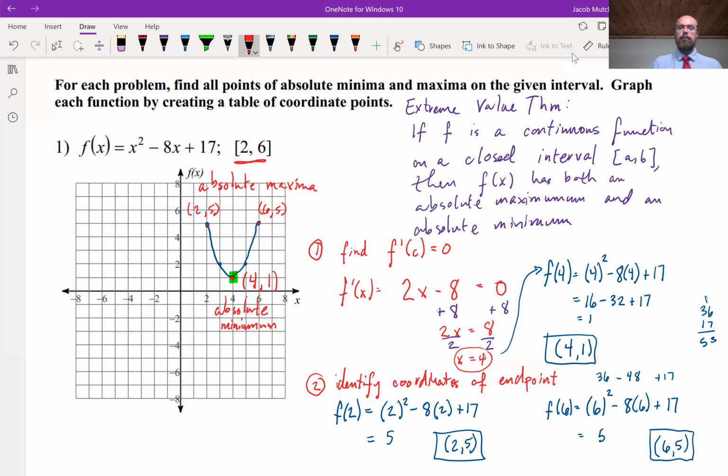We've found all of these critical points on the closed interval 2, 6 for this function. We've graphed it, and then we use the graph to confirm and identify whether or not these points were absolute maxima or absolute minima. And it supports, as just an example, the extreme value theorem.